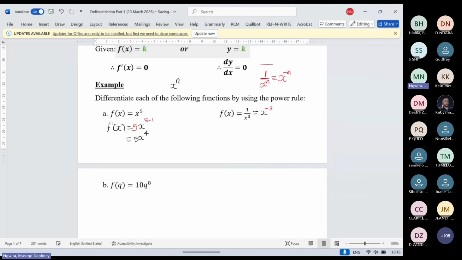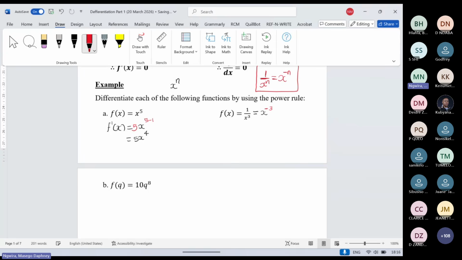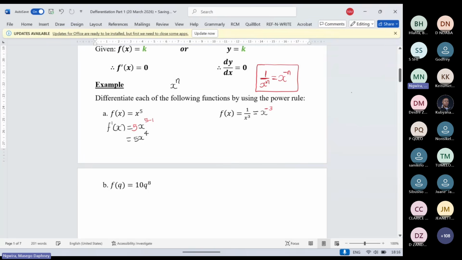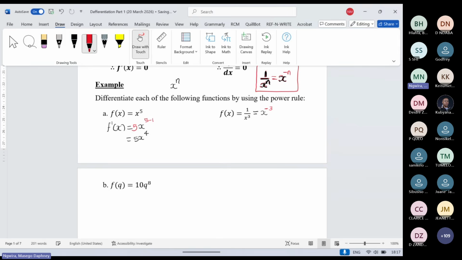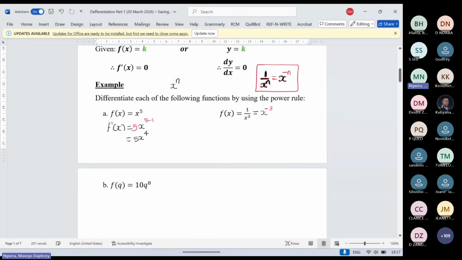There's an exponential rule, and that's what we're going to be using for the power rule. So if it's to the power of n, when I change it, it's going to be a -n. The sign changes when you take the number to the top.